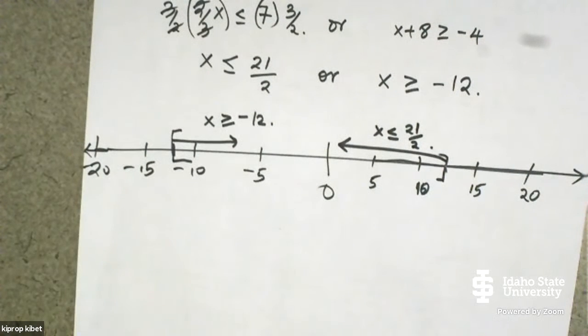What is our interval notation? So basically this one is going to infinity, right? And this one is also going to infinity. So this can be satisfied by anywhere in the infinity, right?